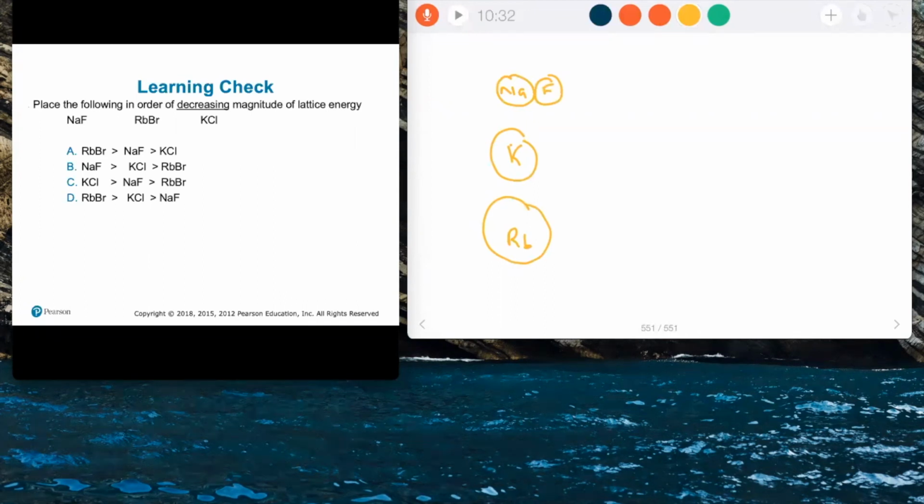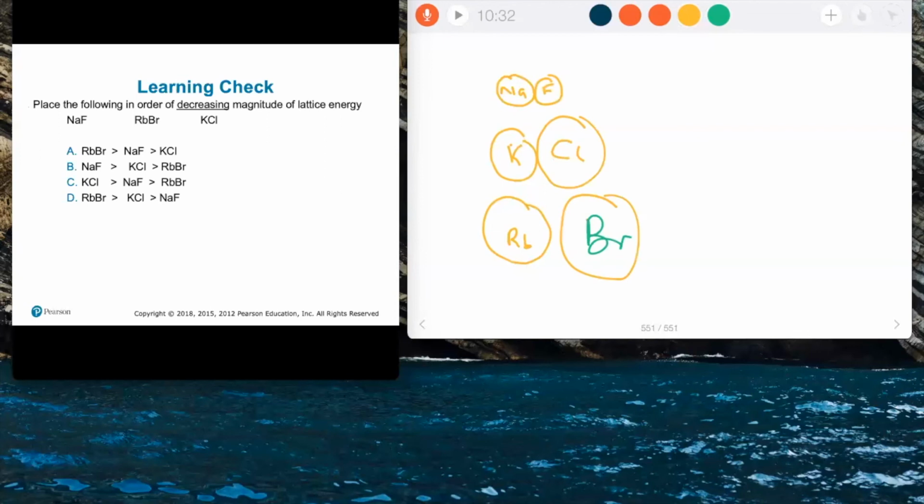Chlorine is a little bit bigger than that. How about bromine? Sodium bromide is bigger than that, like that.